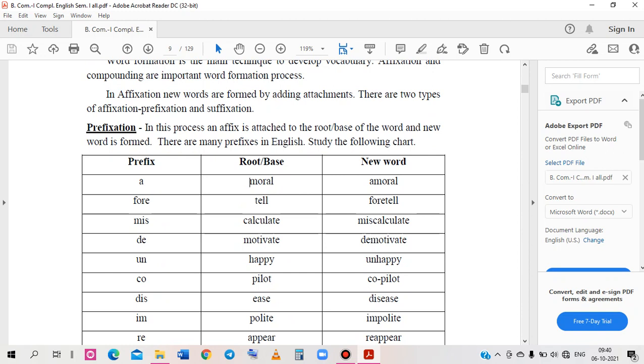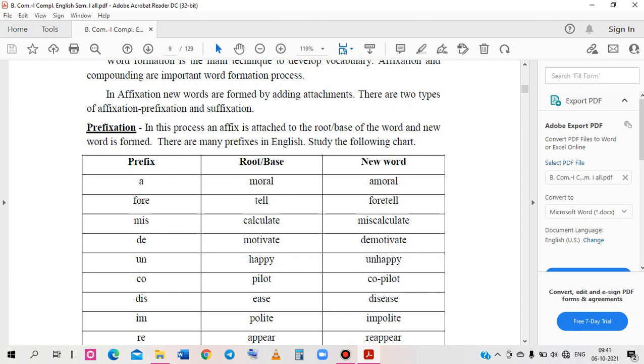For example, moral. Moral is a root word. If we add a, that is a prefix, it becomes a new word, amoral. Now the class of this word changes. Now let's see another example.